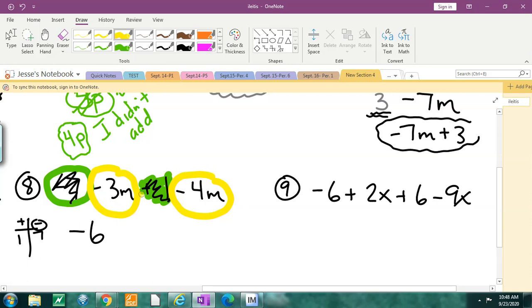Keep change. So let's do the T-chart. I'll do it on the side right here. -3m. Don't forget the m. -4m. So my answer is negative what? Well, they're on the same side, so you got to add them. -7m. So -7m minus 6.